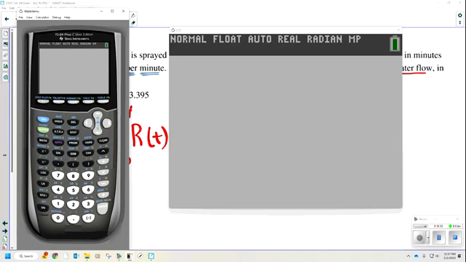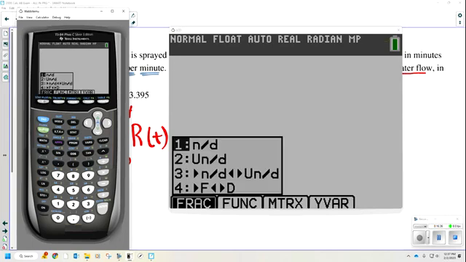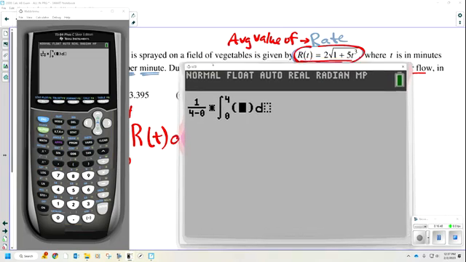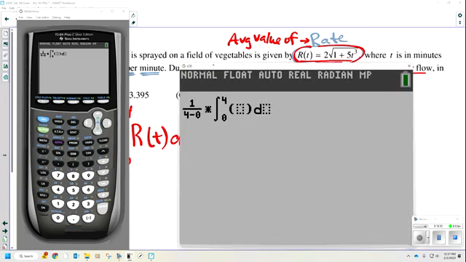All right, so let's start out by putting our 1 over 4 minus 0, so 1 over the difference in our bounds, times the integral from 0 to 4. I've got to put the equation or function that represents my rate, r of t.